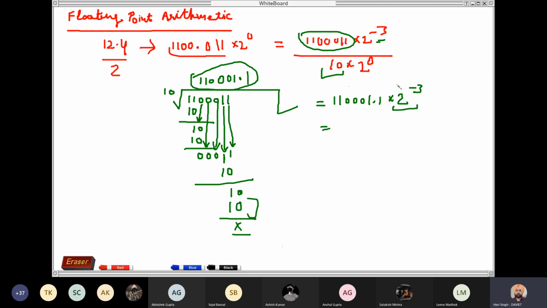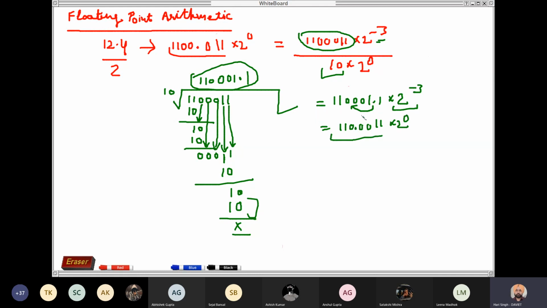So for this, just make the exponent power 0. So shift the binary point in the left direction by 3 positions. So it will be 110.0011 into 2 power 0.